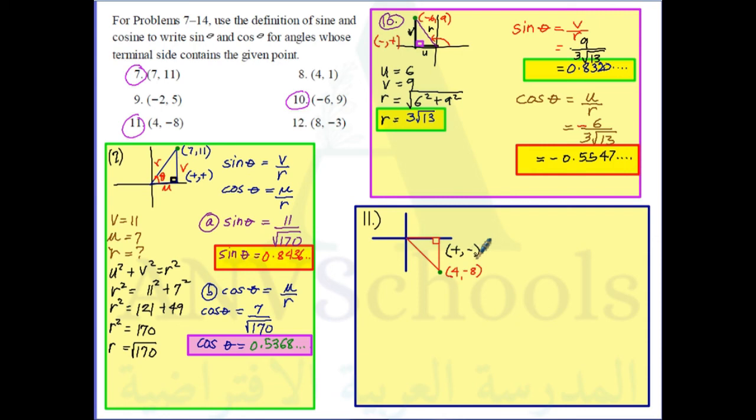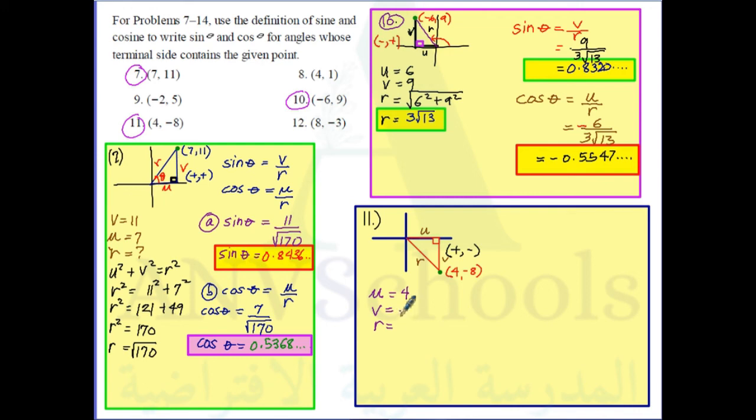Okay, now let's begin. So what is our u here? This is our u, this is our v, this is our r. And our u here is just the x coordinate. So u is 4, v is negative 8, and r is just the square root of, we could actually take out the negative for the v.